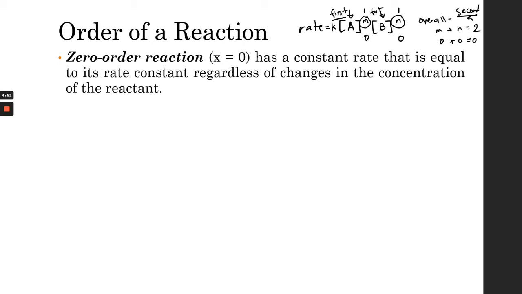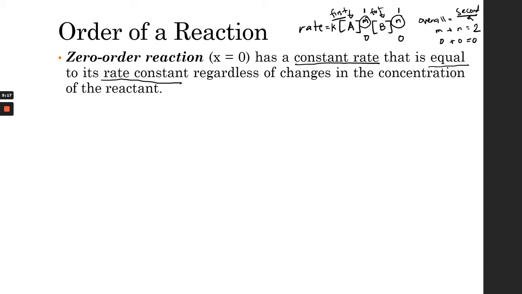What that means is that the reaction has a constant rate, because what we measure in the rate law is the rate. So when the overall reaction order is zero, it has a constant rate that is equal to the rate constant.